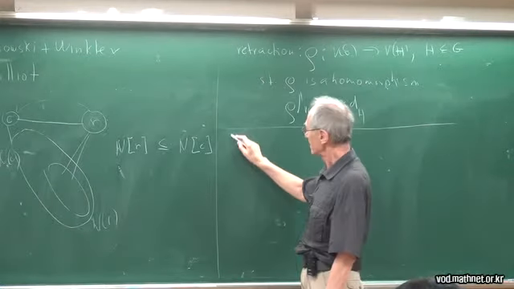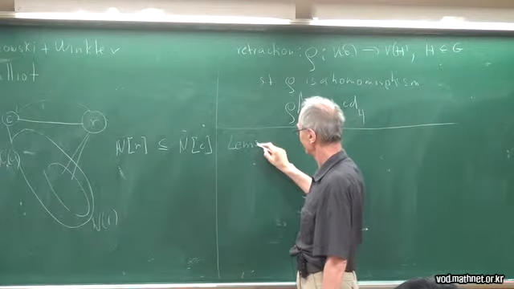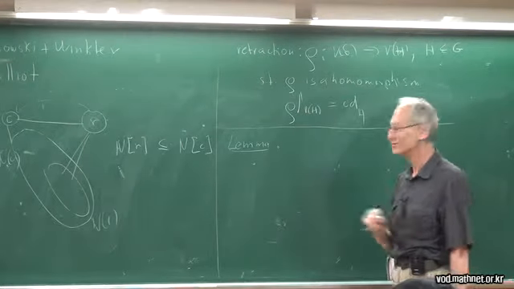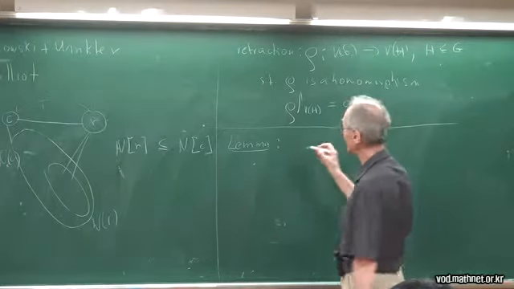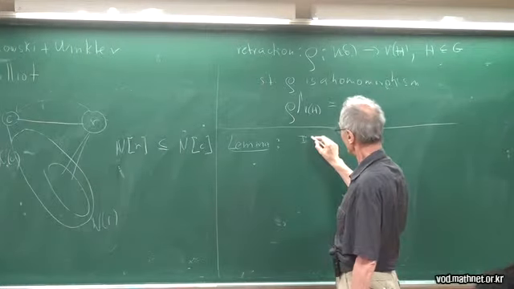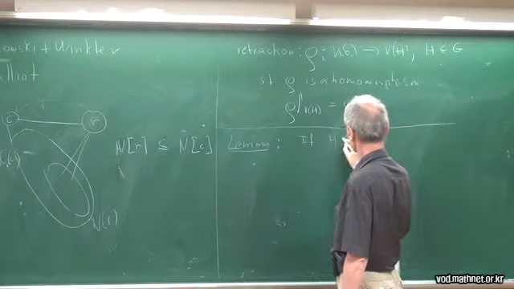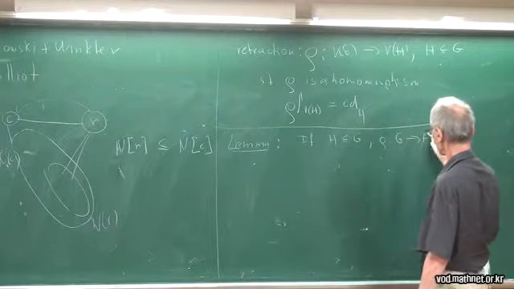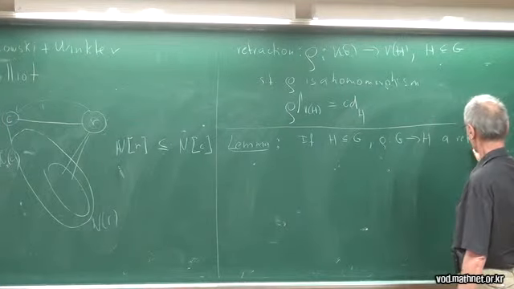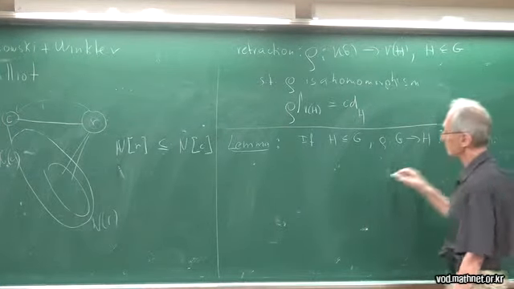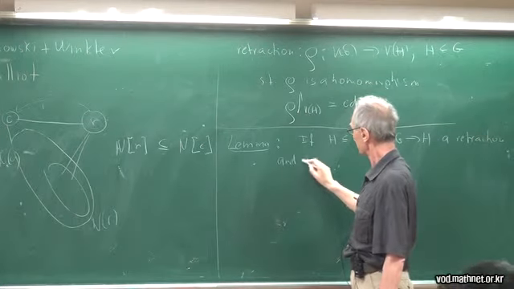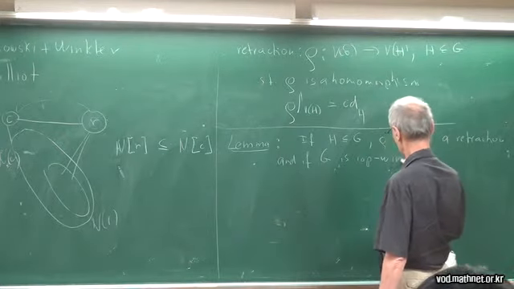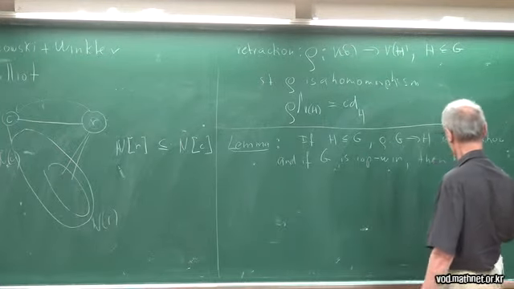So this is a retraction because I just fold this vertex here and everything else stays put. And then you have to prove a lemma, which I will not prove because it's a very nice exercise. You can prove it yourselves. Very simple exercise. If H is a subgraph of G, and rho from G to H is a retraction, and if G is cop-win, then H is cop-win.